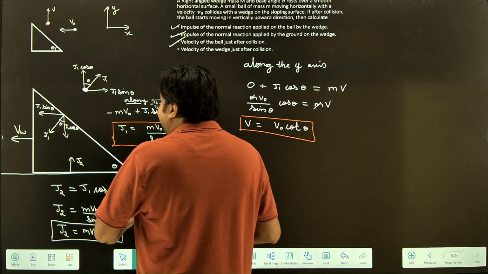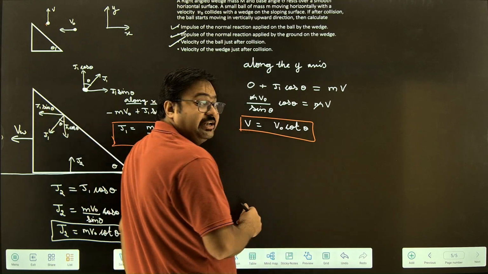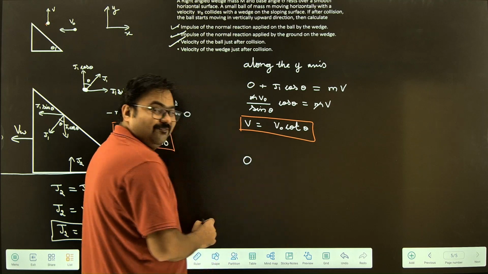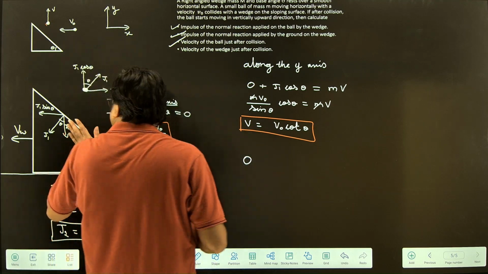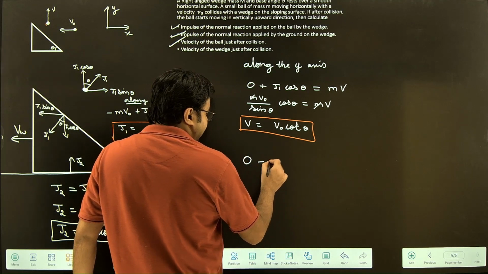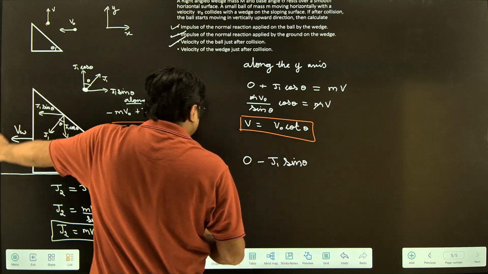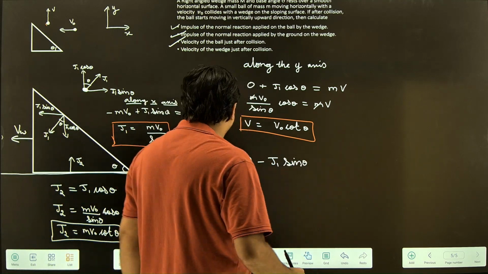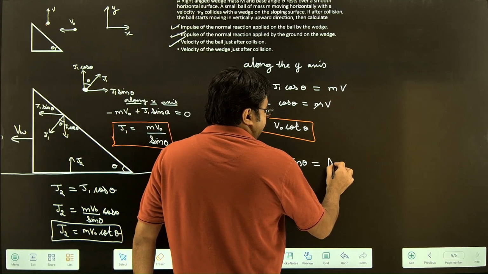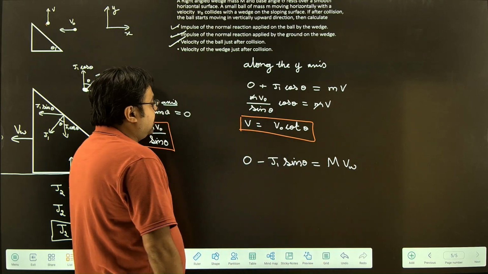The impulse received by the wedge in the horizontal direction is J1 sine theta. Before this, the wedge wasn't moving, and then it receives an impulse in the negative x direction, so you can write minus J1 sine theta. That's the only impulse acting on the wedge in the horizontal direction, and that makes it move. Capital M is the mass of the wedge, and it moves with a velocity Vw.